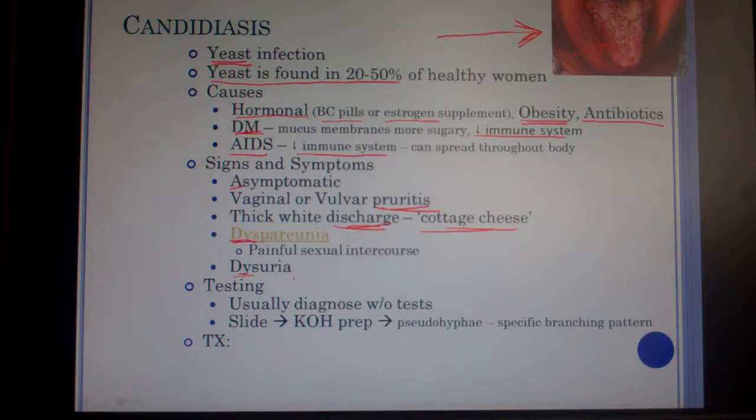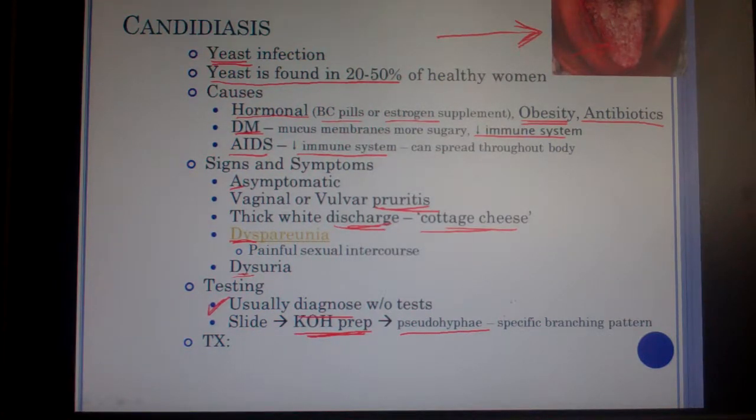How do we test? This is kind of buzzword stuff for Candida: you can usually diagnose it without even bothering with tests because of what it looks like. And when you do test, the KOH prep or potassium hydroxide test, when you prep the slide for that, after you grab it and culture it, it shows up as pseudohyphae.